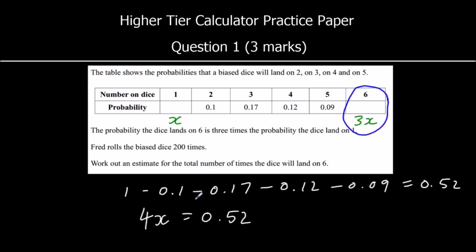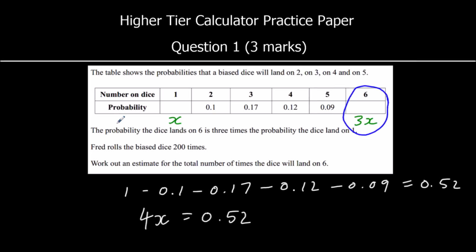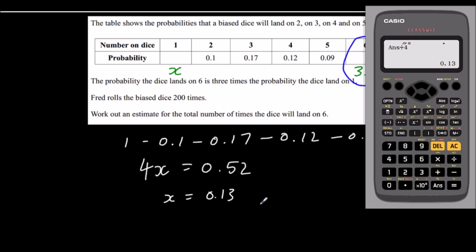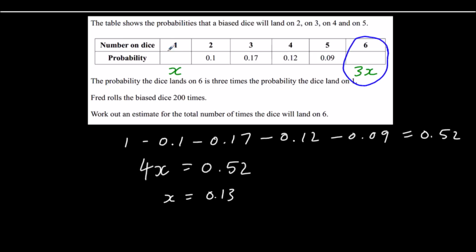To find 1x, we can divide by 4, which is 0.13, and 3x, that's 3 times as much, 0.39. So x is 0.13, 3x is 0.39.